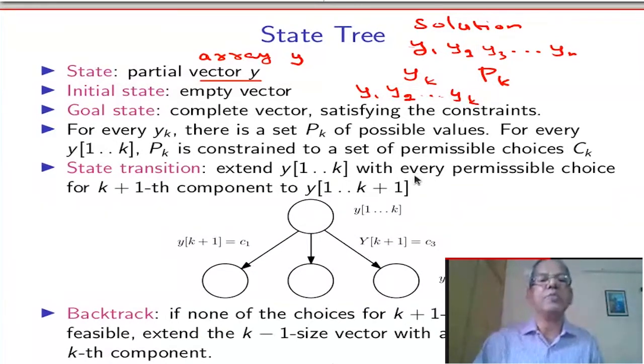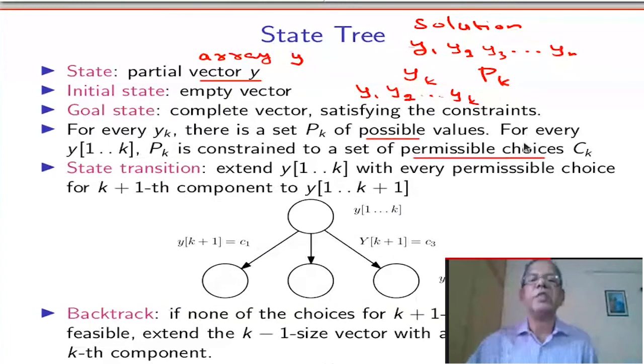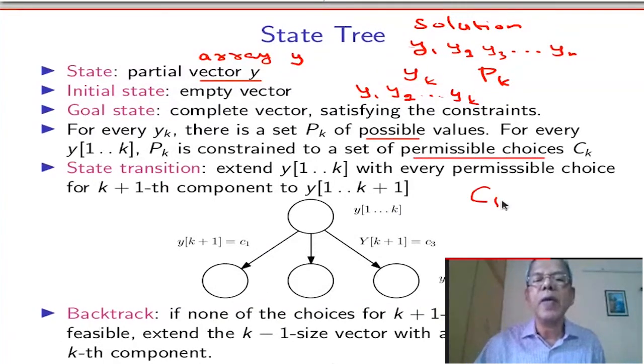because of some constraints. Okay, so for every y1 to yk, pk is constrained to a set of permissible choices. We will use the words possible values, and maybe permissible choices or feasible choices, ck. ck will be a subset of pk.